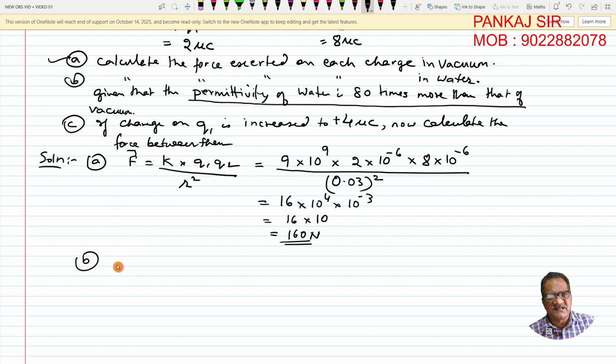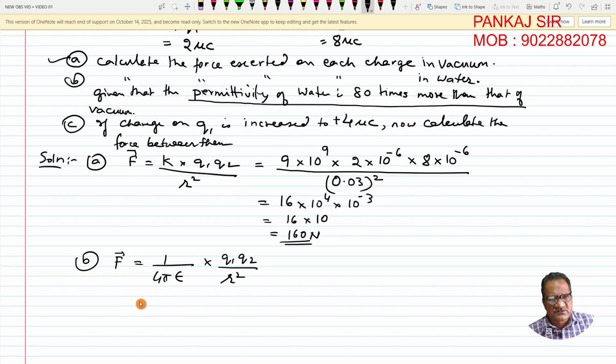I will change this formula of force: F equal to, now instead of K, I am going to write 1 upon 4 pi epsilon, where epsilon is permittivity, into Q1 Q2 divided by r squared. I'm not going to put the values. I know one thing, that this epsilon in the case of water is 80 times more.